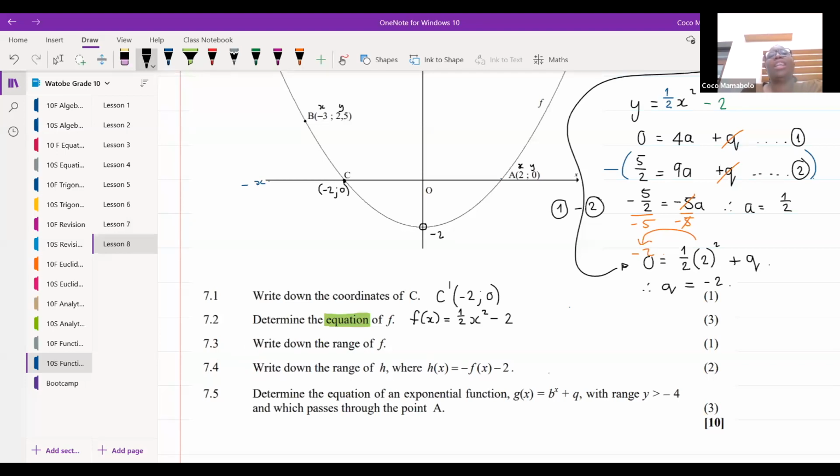All right, excellent. Now, the range of f is going to be my y value. So I'm going to say y is an element of. Now, I know that I need to include this graph, and this point -2 and everything going above -2. But everything above -2 is going towards infinity. So I'm going to include -2.